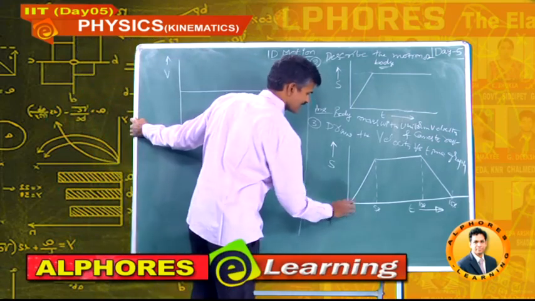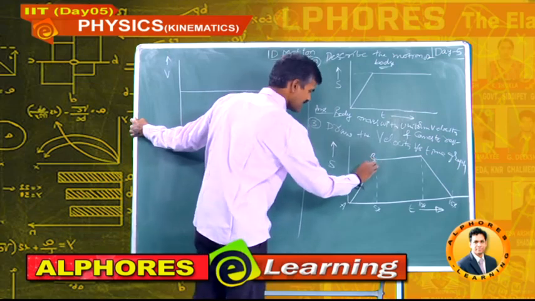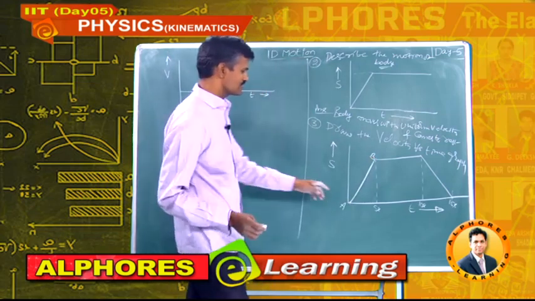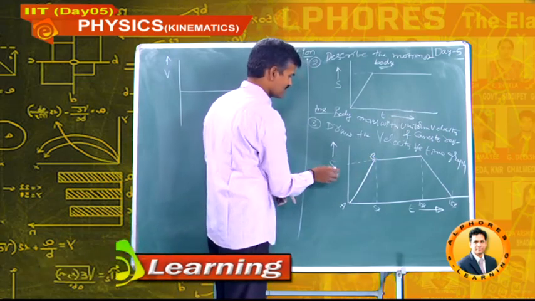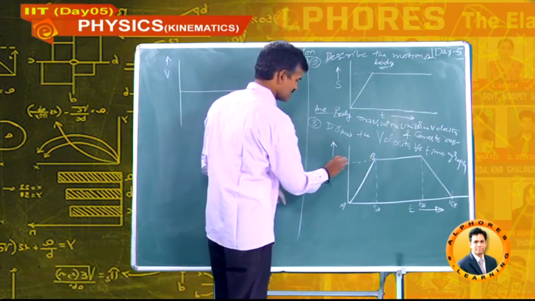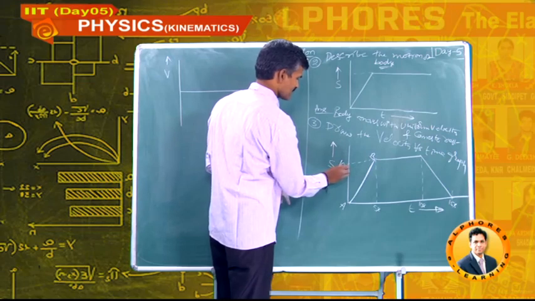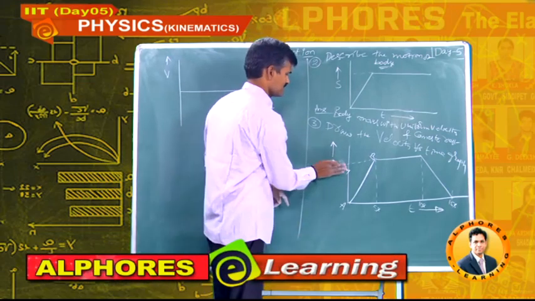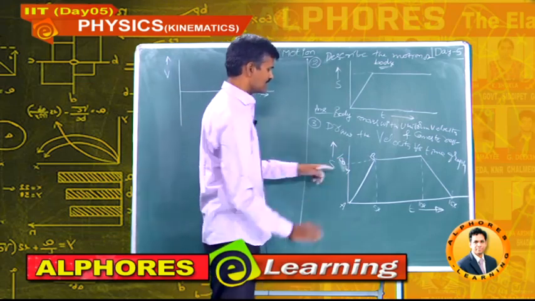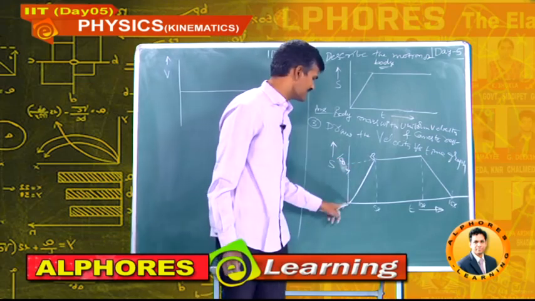Suppose this is A to B. The velocity from A to B is constant. I don't know the slope or the velocity here, so suppose the displacement is 100 meters. What is the slope of this line?